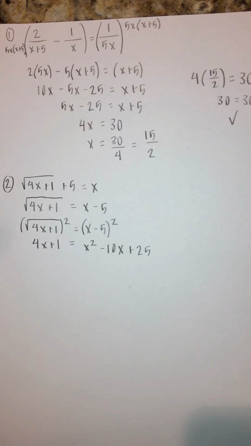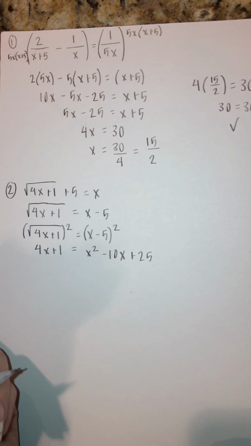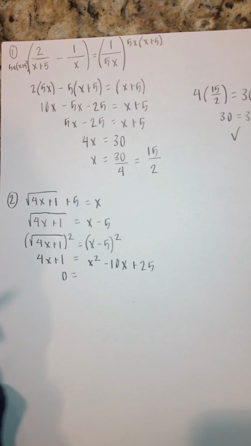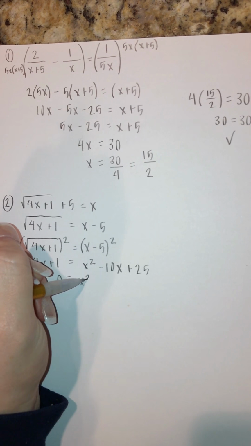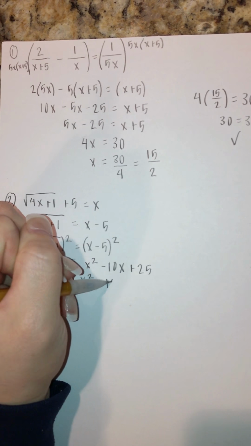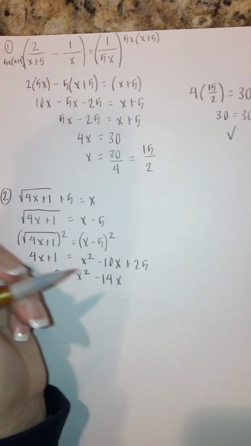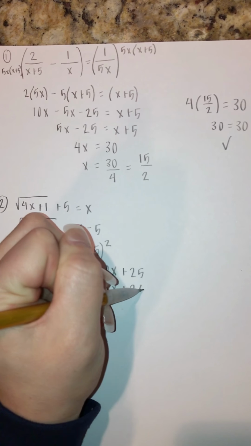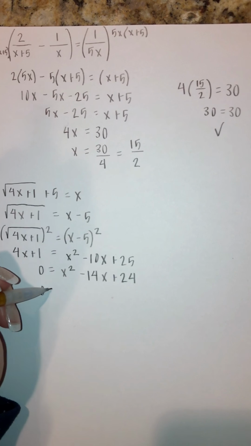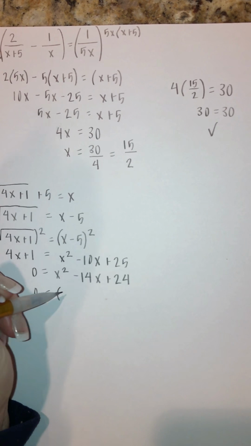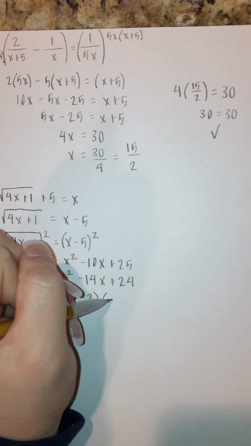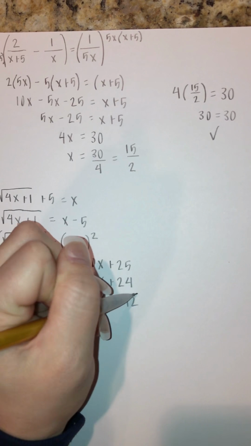Then after that, you set the equation to 0, so you have to move these over. Minus 14x plus 24. Then after that, you factor it out, which is x minus 2 and x minus 12.